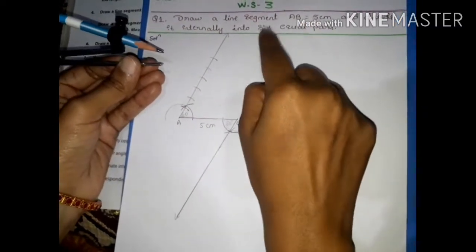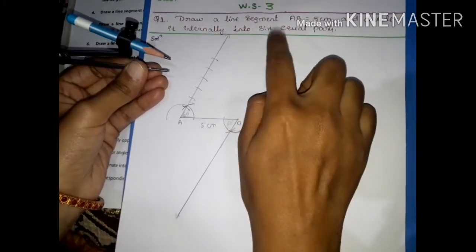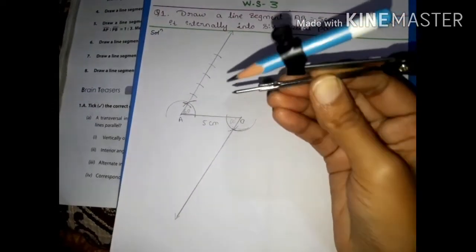So you have divided the line into 6 equal parts. Similarly, on this other line also you have to make 6 equal parts. Without disturbing the compass, at point B, make 6 equal parts.